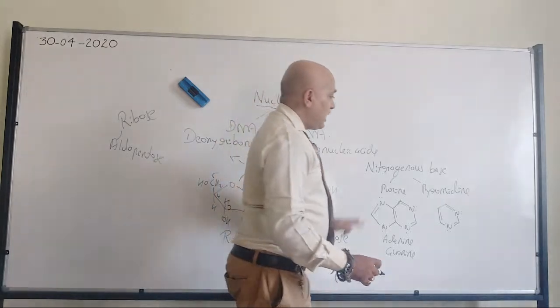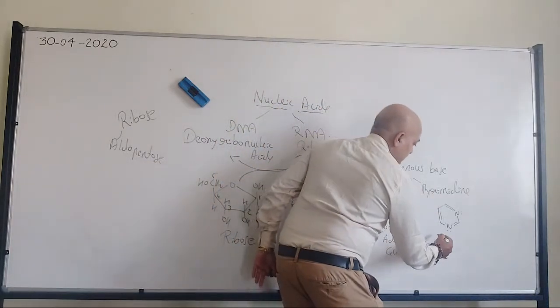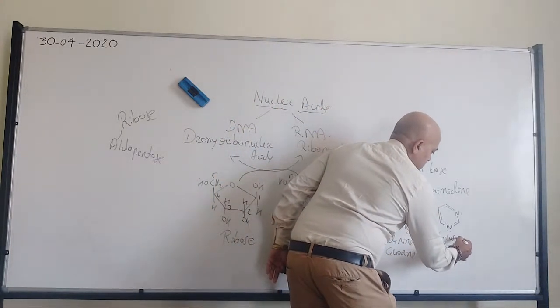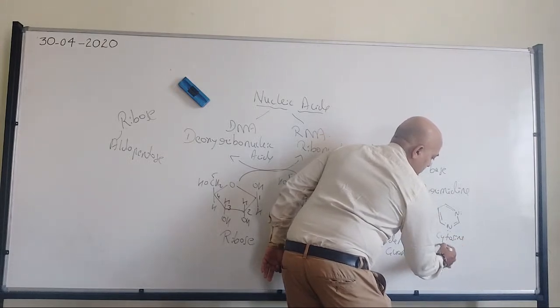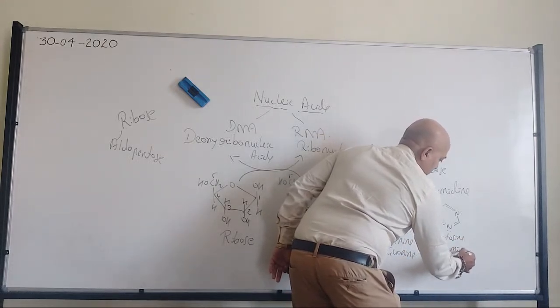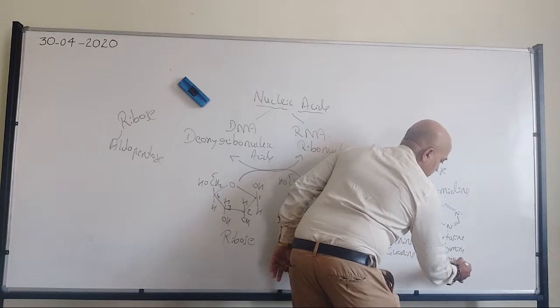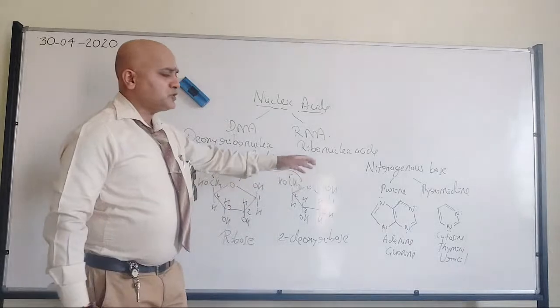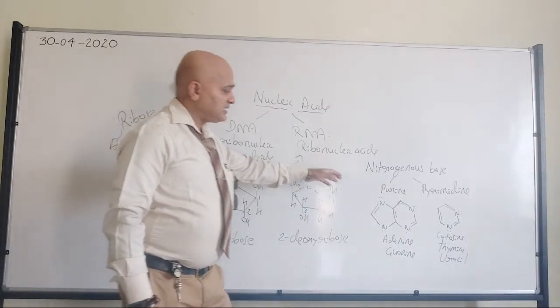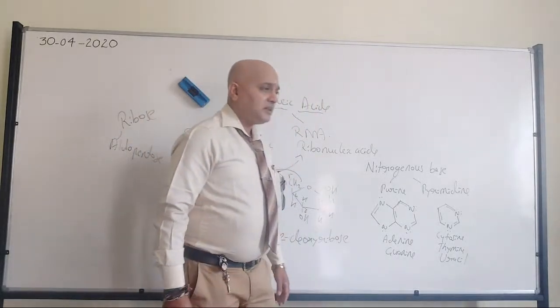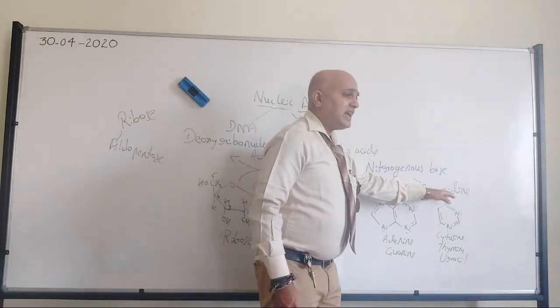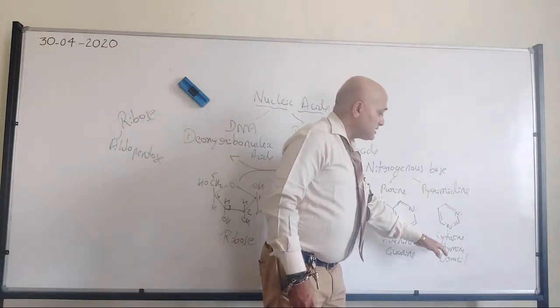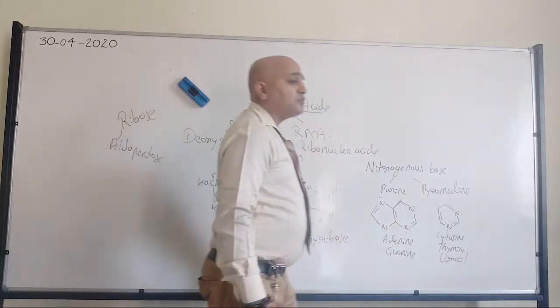Now when it comes to pyrimidine, we have cytosine, thymine and uracil. So remember the names. When it comes to purine as the nitrogenous base, we have adenine and guanine. When it comes to pyrimidine as the nitrogenous base, we have cytosine, thymine and uracil.